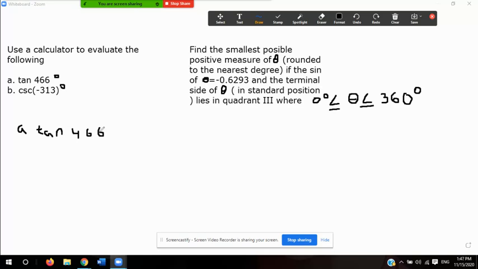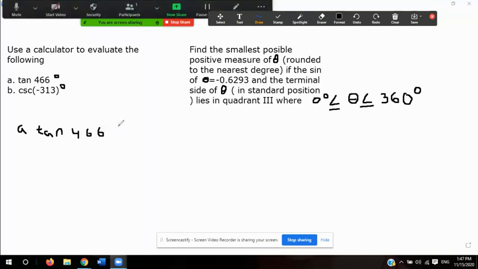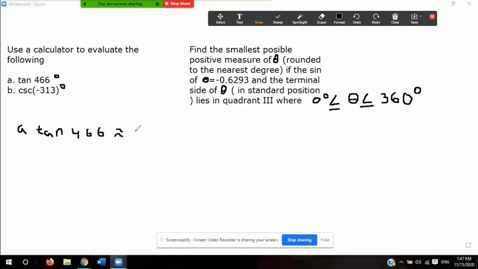Now, if we look, the tangent of 466, once I use the calculator, is approximately negative 3.4874.